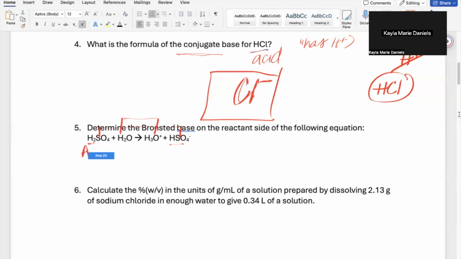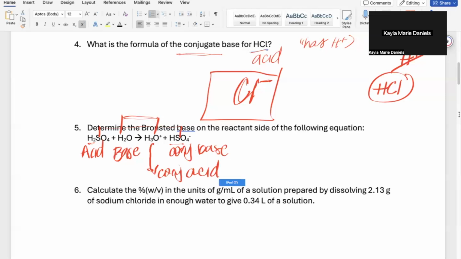It donated a hydrogen to solution, which is an acid, making this the conjugate base. And then here, the H2O picked up a hydrogen. So it accepted a hydrogen, making it the base, and this one the conjugate acid. And so for A, B, C, or D here, you would choose the answer choice that has water, H2O.